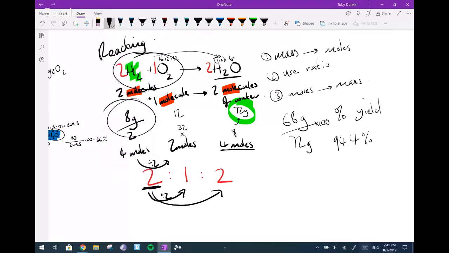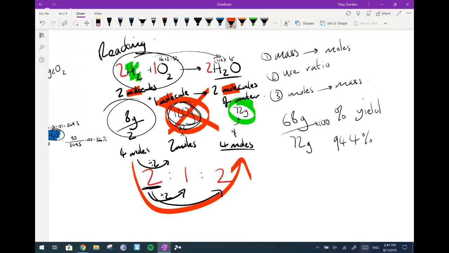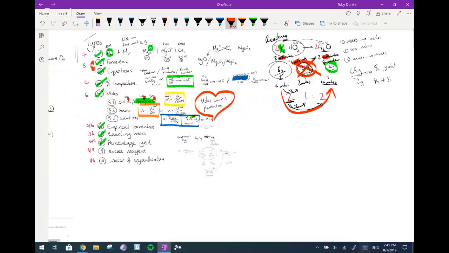And if I was given 120 grams instead, what I need to realize is that what I've been given is too much. This is called an excess reagent. And what you always do is you always ignore the excess reagents. It means you're not going to use it all. It's going to be stuff left over. So all you simply do is ignore the excess reagent and use the other one to work on your mole ratio within your equation. That one will become easier to understand when we look at questions.